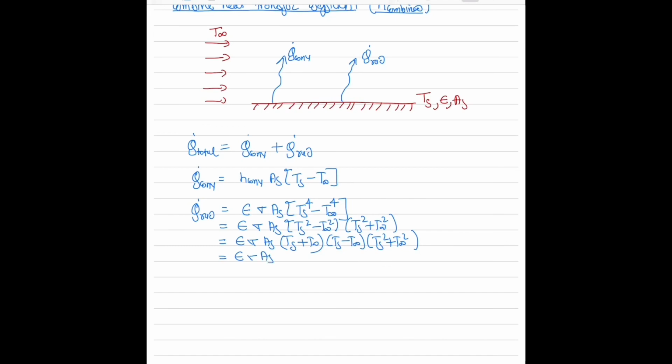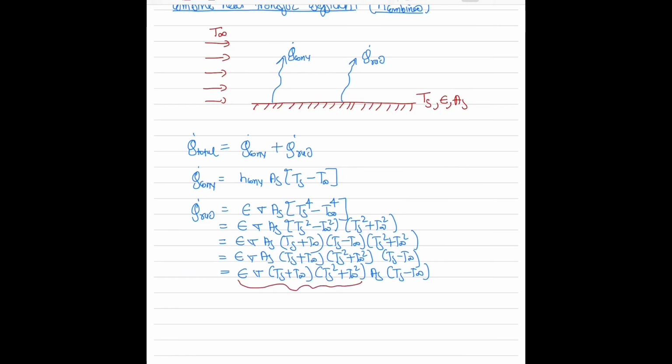This is equal to epsilon sigma A s (T surface plus T infinity)(T surface square plus T infinity square)(Ts minus T infinity), that is, epsilon sigma (T surface plus T infinity)(T surface square plus T infinity square) times A surface area times (T surface minus T infinity).